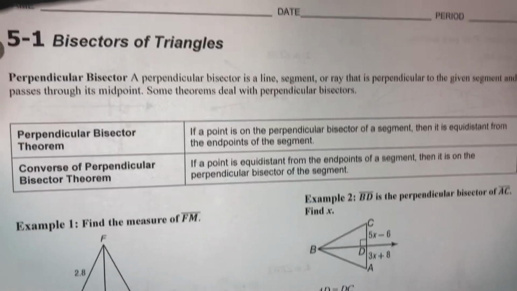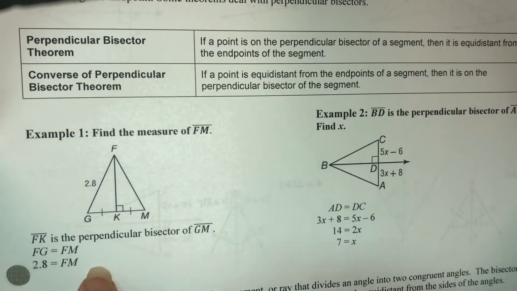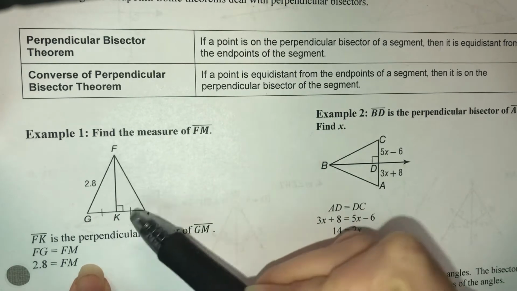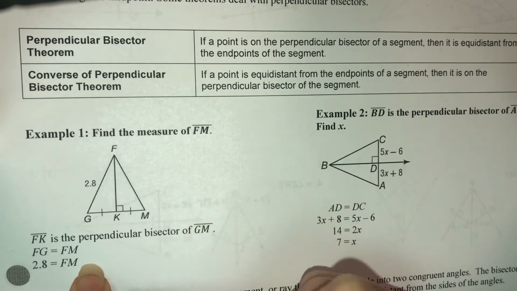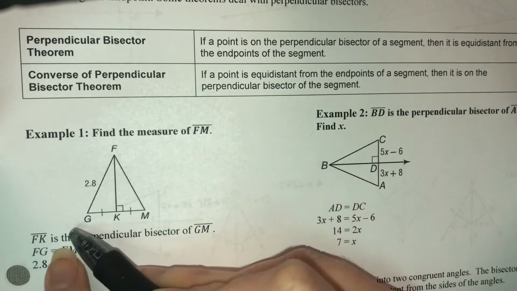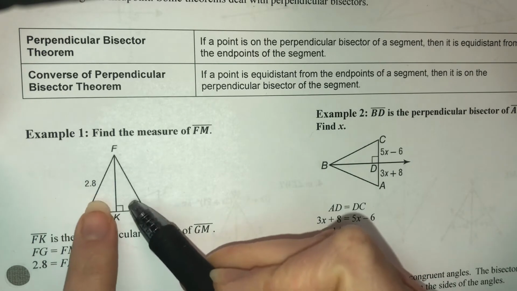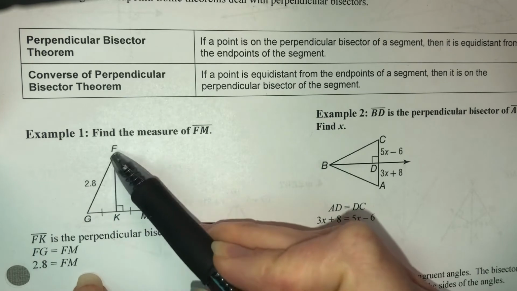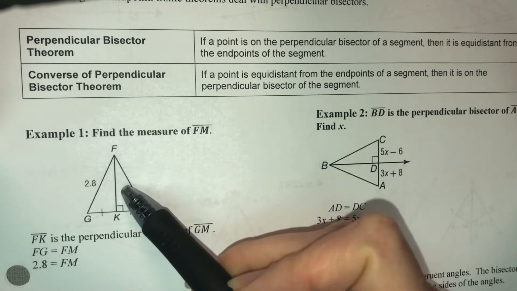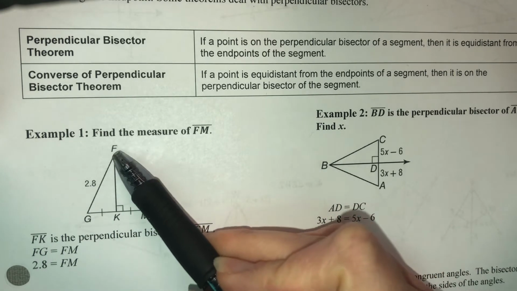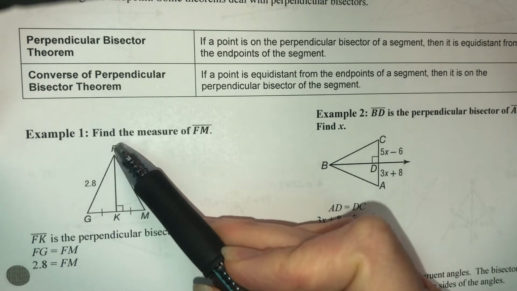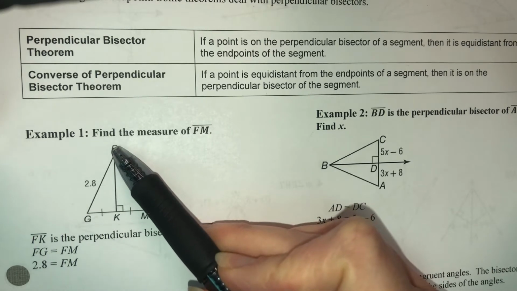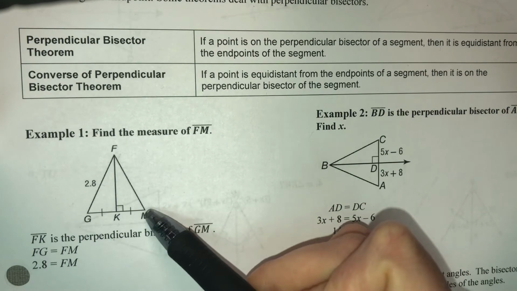So, as you can see in this picture, FK is a perpendicular, which means it's a 90-degree angle, bisector of GM. So these two segments are the same. So any point that is on this perpendicular bisector, like point F, is going to be the same distance to each of the endpoints of this segment.